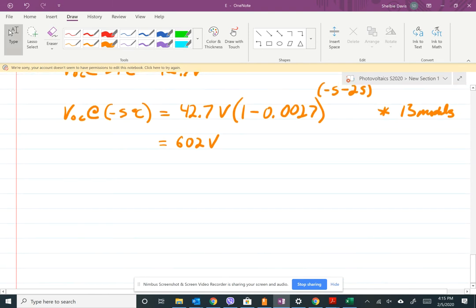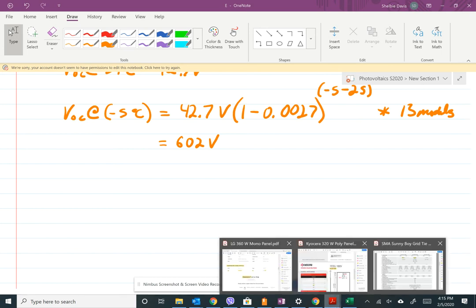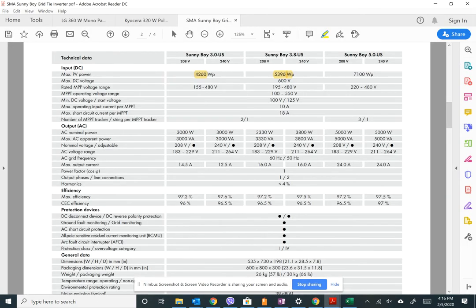We know that we're good with the power because we looked at that already, but let's check out the spec for the voltage. All right. So our max DC voltage, 600, meaning that's the voltage from the solar panels. Yes. So we're at 602.